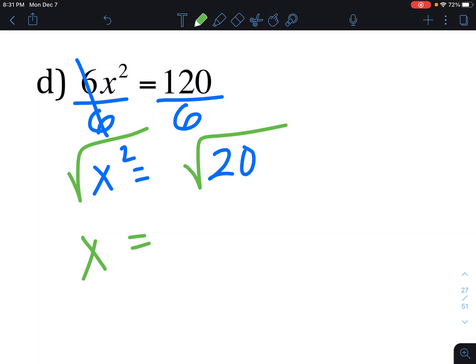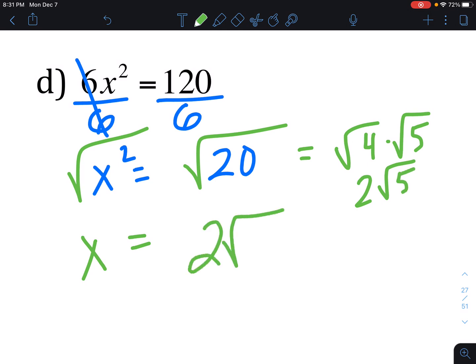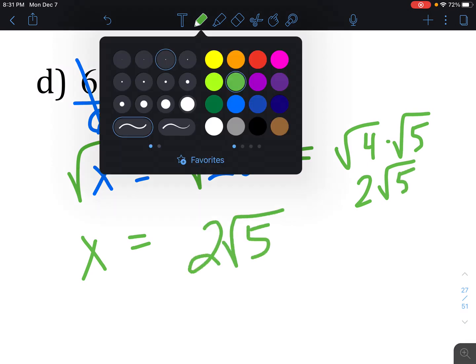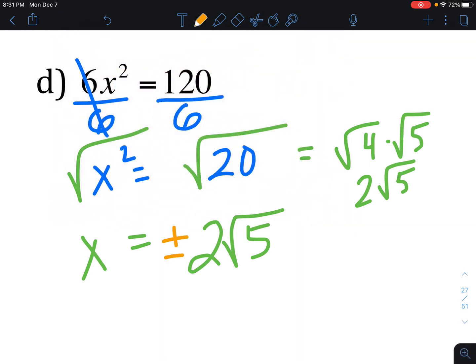Think back to the warm-up. Square root of 20. What two numbers get 20? One has got to be a perfect square. 4 and 5. So square root of 4 is 2. Bring down the root 5. And lastly, throw in your plus minus. So your answers are 2 root 5 and negative 2 root 5.